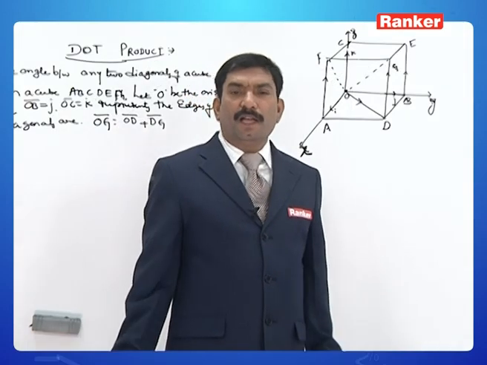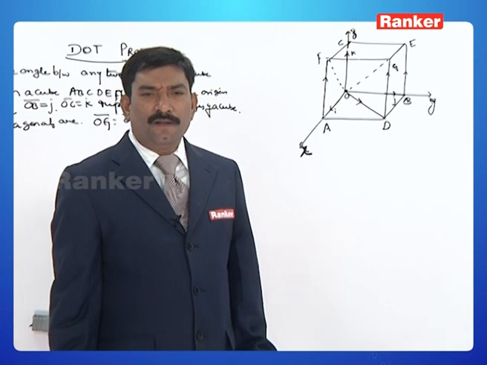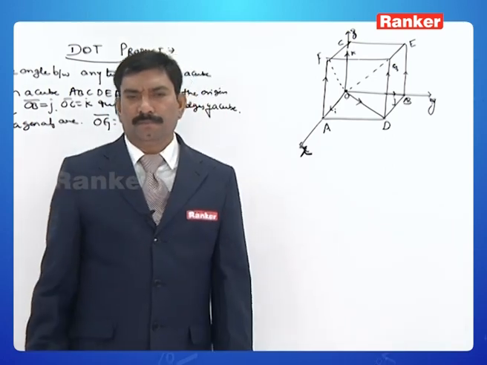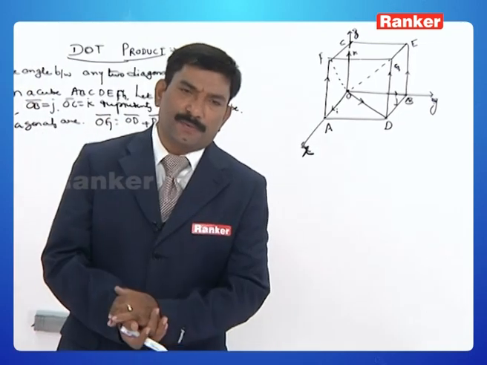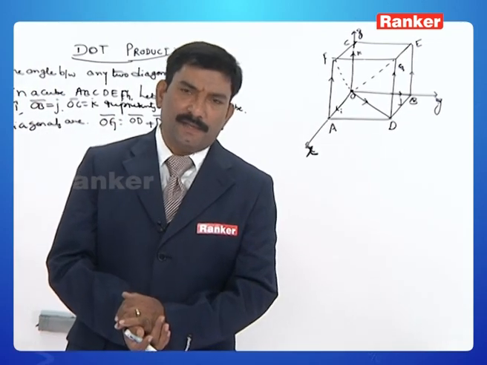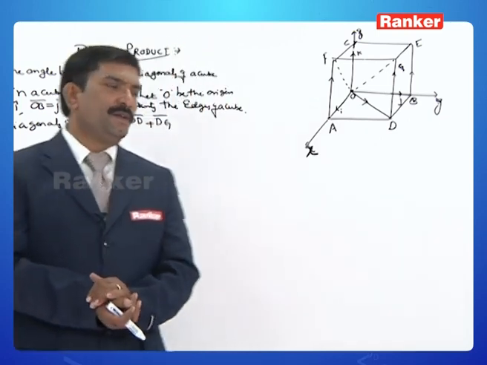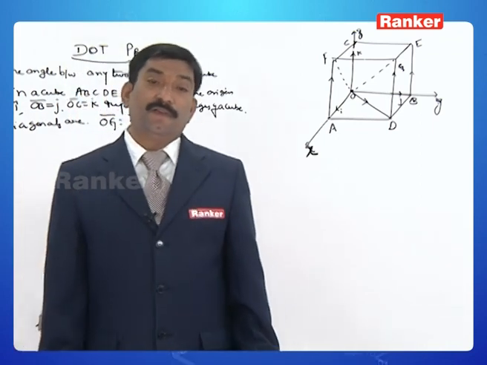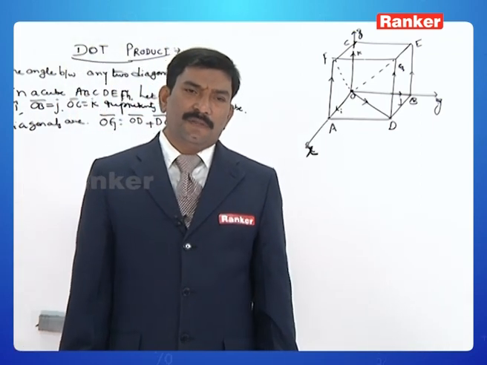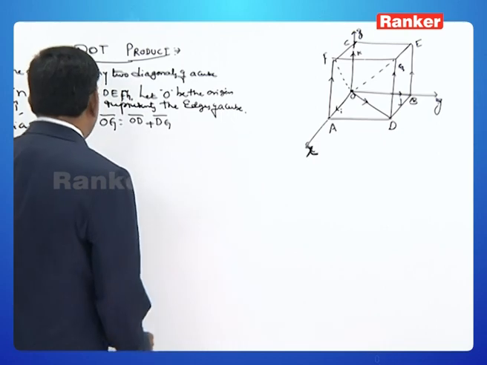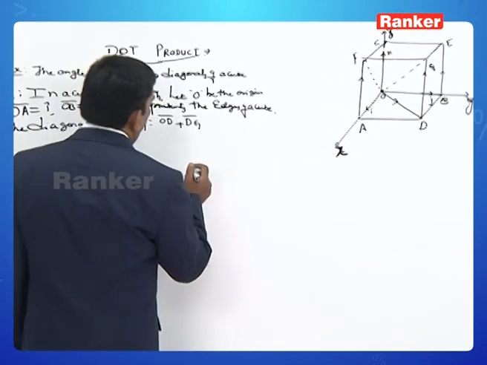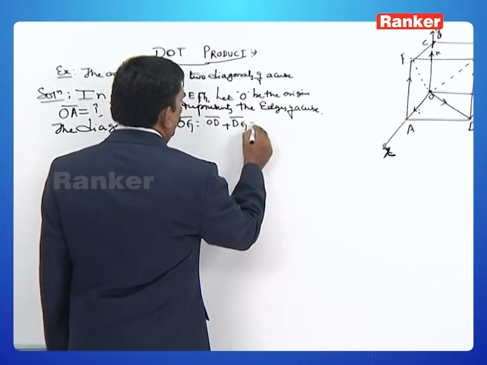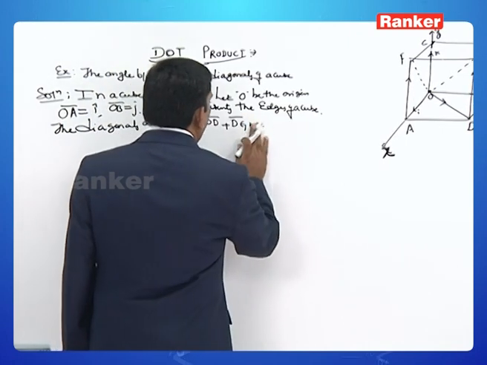Still many diagonals of faces are there, but they are not convincing to observe because of the three-dimensional approach. So better to confine to this and these two, the diagonals of a face. So now I can write OG bar is equal to OD bar plus DC bar. What is OD bar?